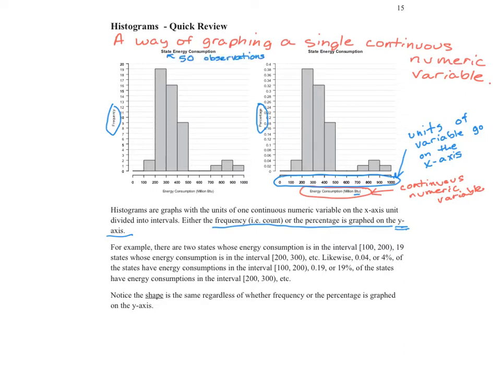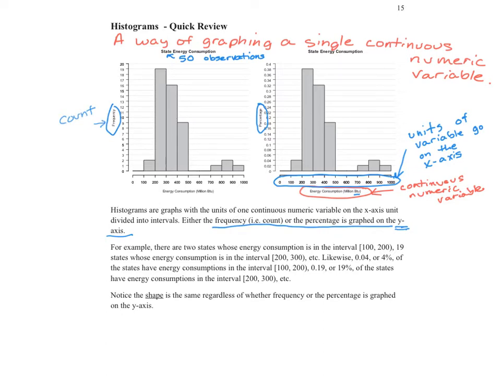These are graphs of the energy consumption by state. So state is the observation, and there are 50 observations. And a quick note here before we go on, frequency is just a fancy word for count. So those two things mean the same.